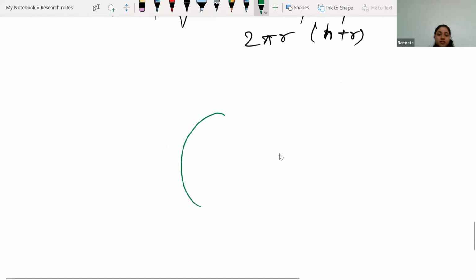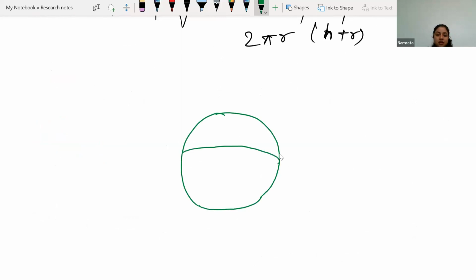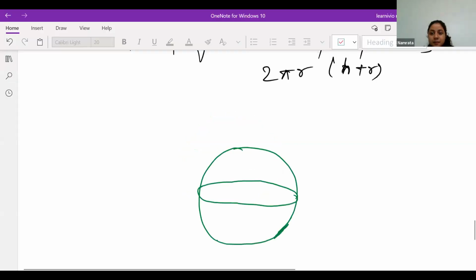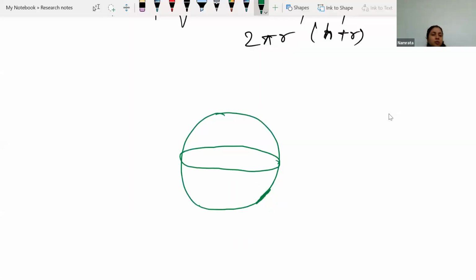A sphere looks like this one. Examples of a sphere in our daily life are a football, an orange, a globe, or any ball. These are spheres. These are three-dimensional shapes.